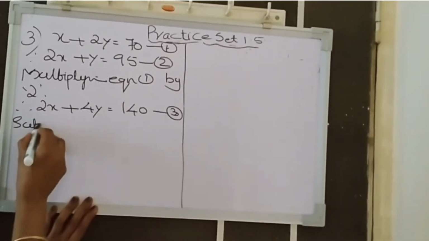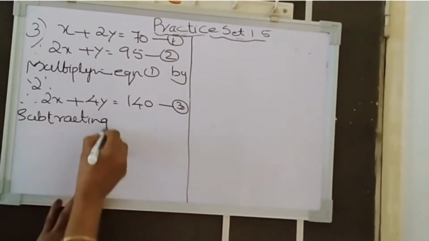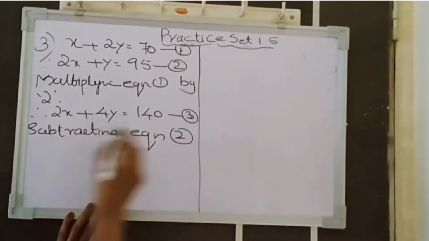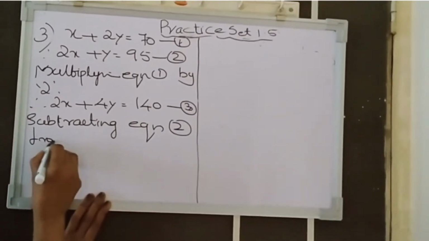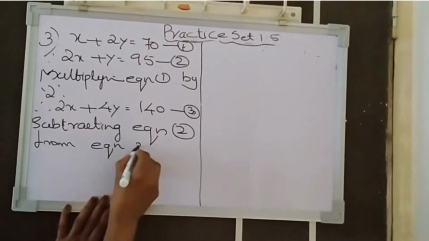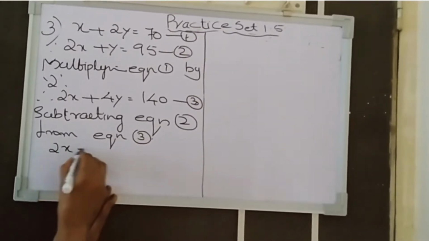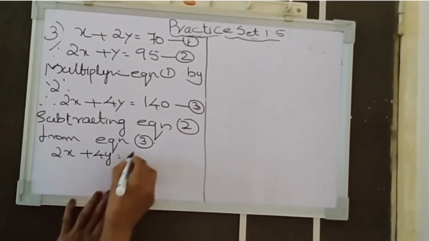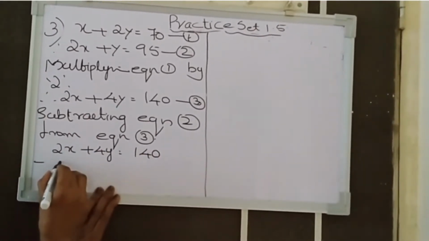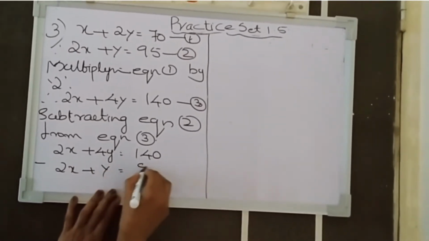Then subtracting equation 2 from equation 3. Therefore, 2x plus 4y equal to 140 minus 2x plus y equal to 95.